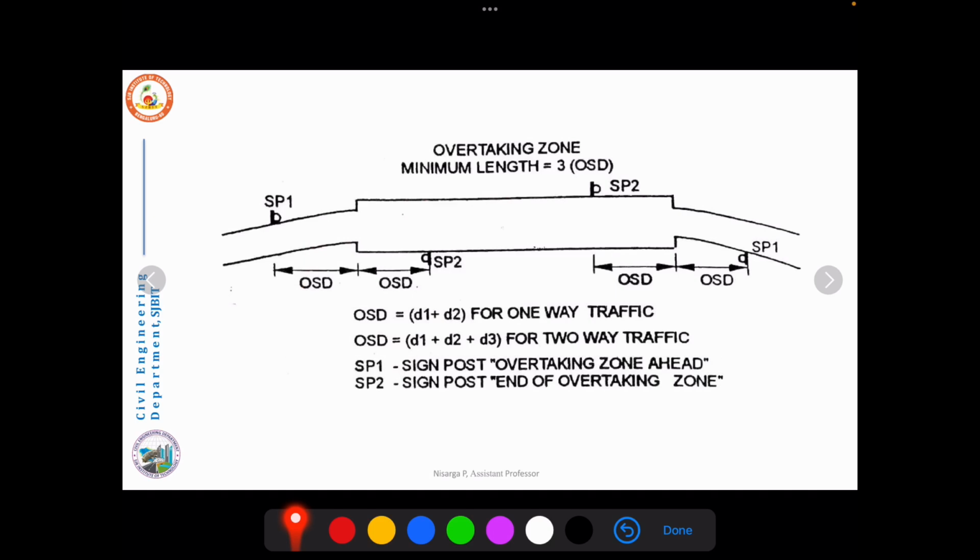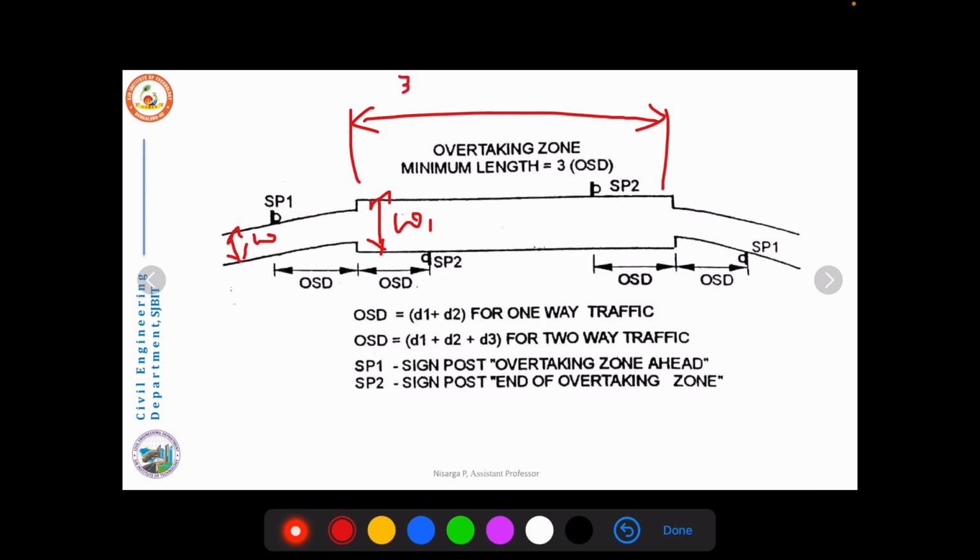This picture here represents how the overtaking zone looks. Here you can see the original width of the road W. At some portion where it is not possible to provide safe overtaking, the opportunity is given for overtaking by increasing the width of the road to W1. The length at which you have widened the road for the purpose of overtaking operation, we call the overtaking zone.